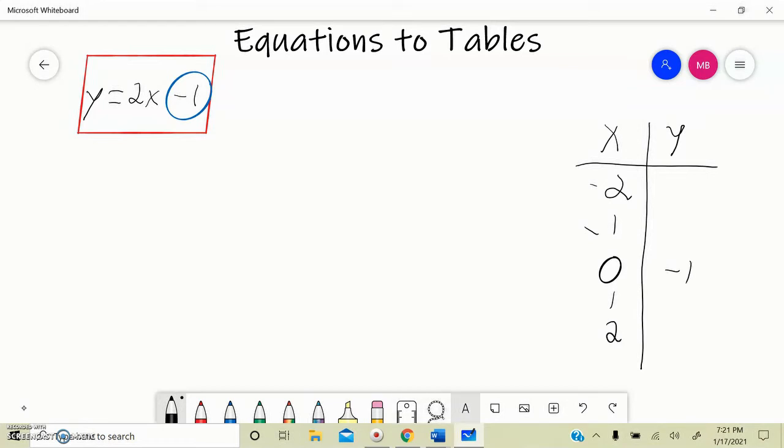Okay? So now what we're going to do is we're going to plug in these x values into the equation to solve for y. So if I do y is equal to 2, and let's start with our negative 2, okay?